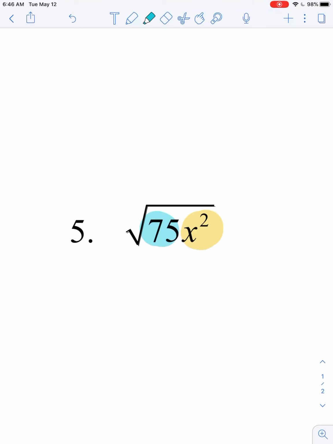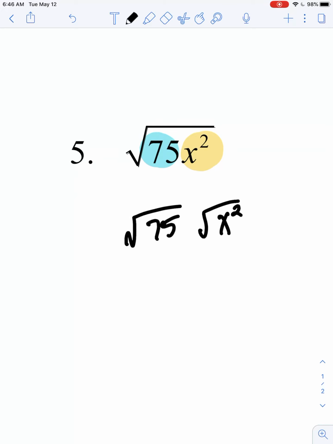So I'm going to break this up into 2 separate square roots to help us out a little bit, just to see it like that. There's different ways we can do this, but this is one way to write it. Now let's simplify. What is the square root of x squared? Well, the square root of x squared is x.